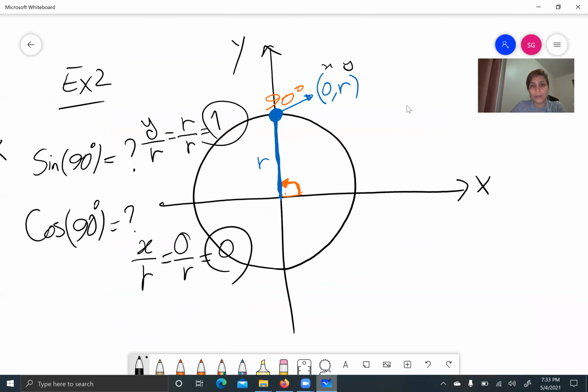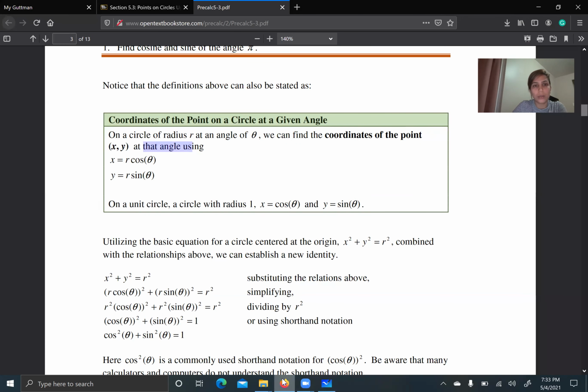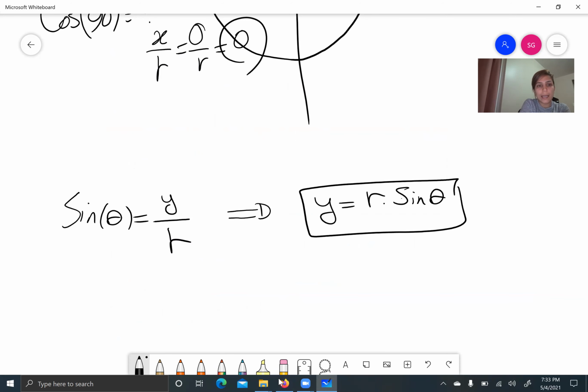How? Look, you know that sine of theta is y over r, right? The sine function is defined as the ratio of y over r. So from here you can find y. Y is going to be r times sine of theta, the y coordinate.